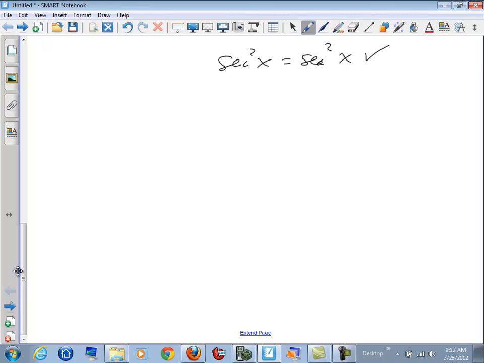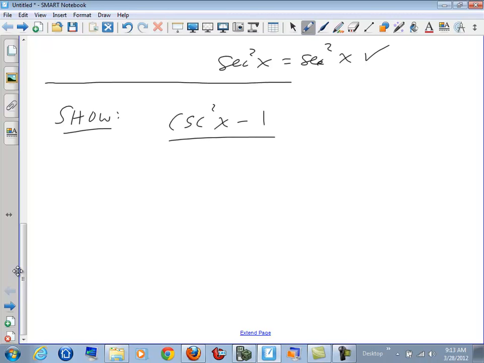Now, as I say quite frequently, there are times that we can do things, but should we do them? So let's say I have the following problem. I have cosecant squared of x minus 1 divided by tangent of x, and I want to show that that's equal to cotangent cubed of x.